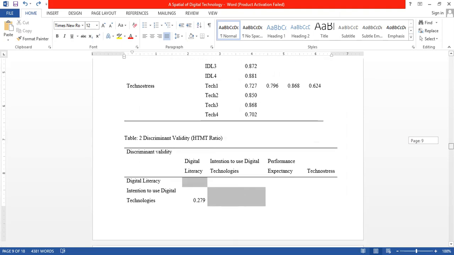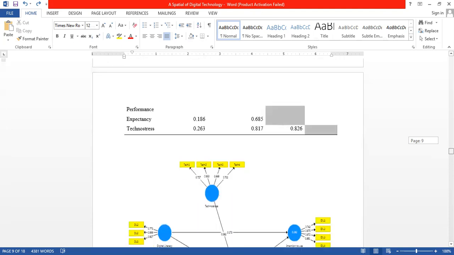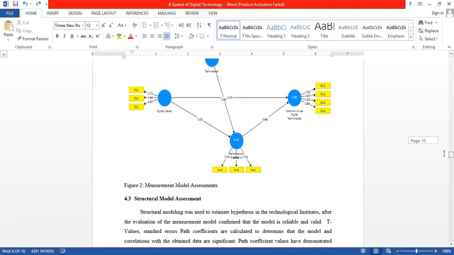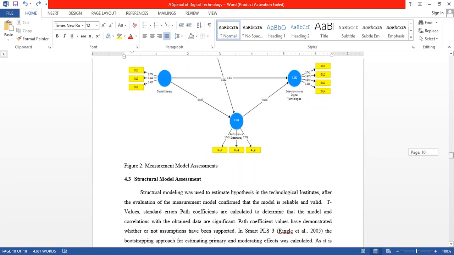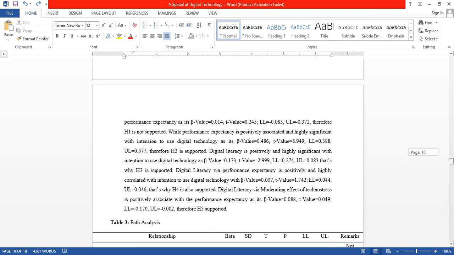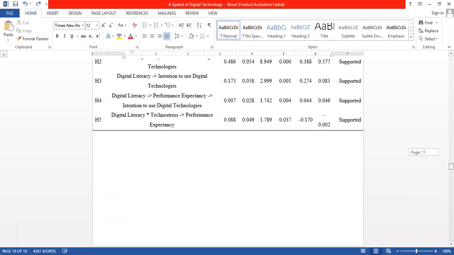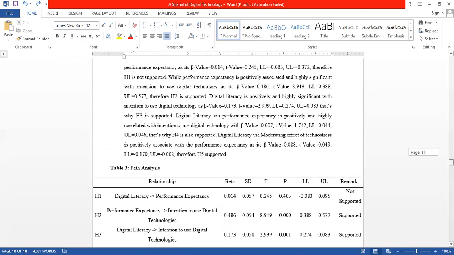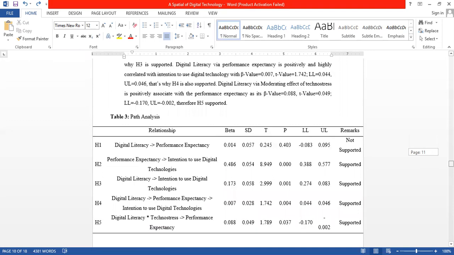You will discuss, and you will also mention all types of diagrams and tables, and you will illustrate them as well. And after that, in the last table, you will discuss whether your hypotheses were supporting your research or not.